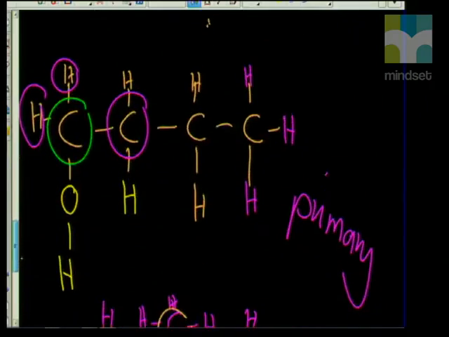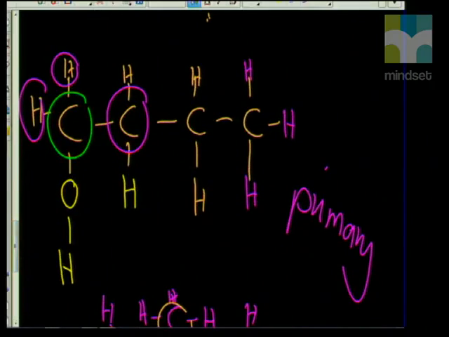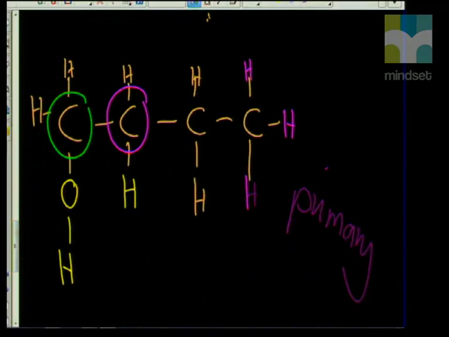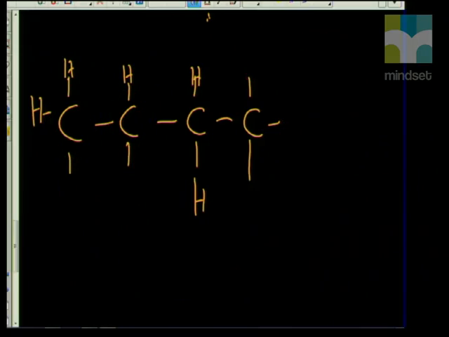So let's just take a look at where we were. We had our secondary alcohol, and we'll have it up on the board again in a minute. There we go. There's our secondary alcohol. Let me just fill in those missing bits.